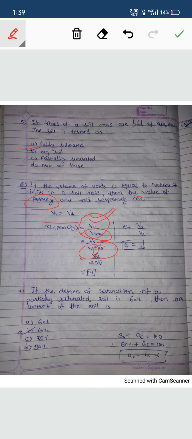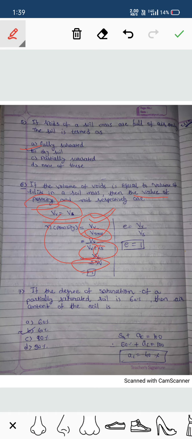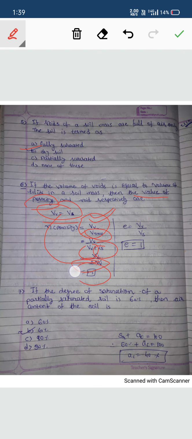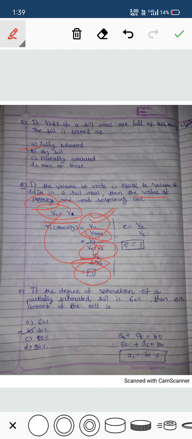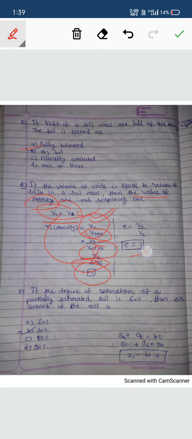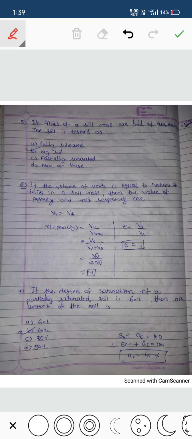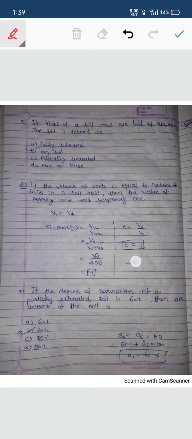Void volume upon 2 into void volume, because this is already given, is equal to 0.5. If you do not want to use this, we have another formula: e is equal to n upon 1 minus n. You can use it.